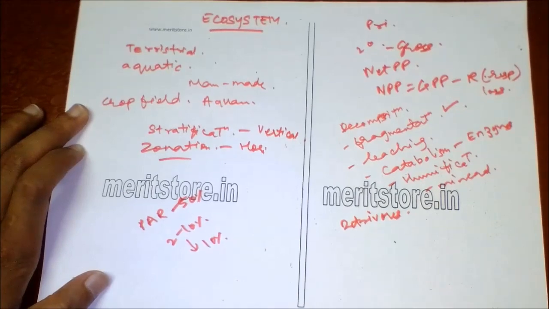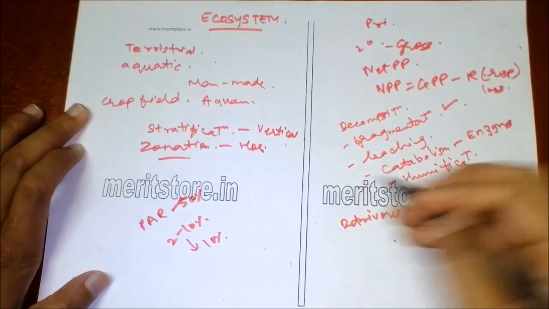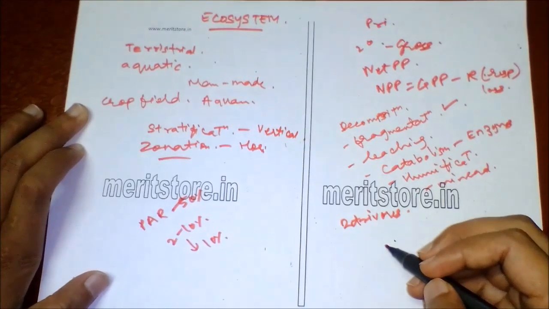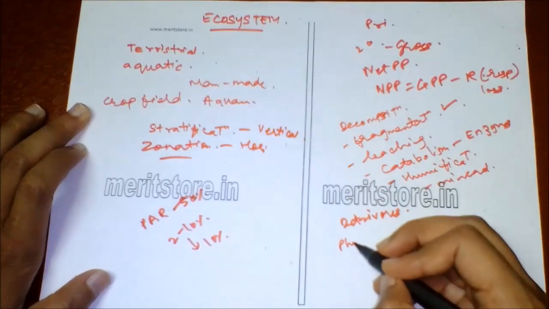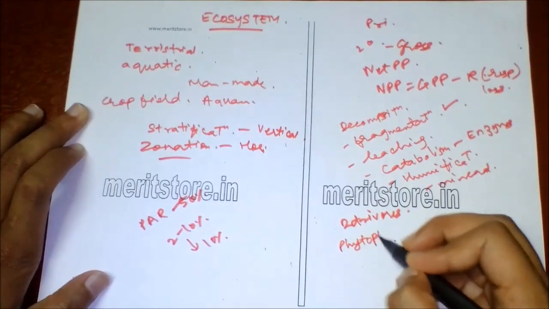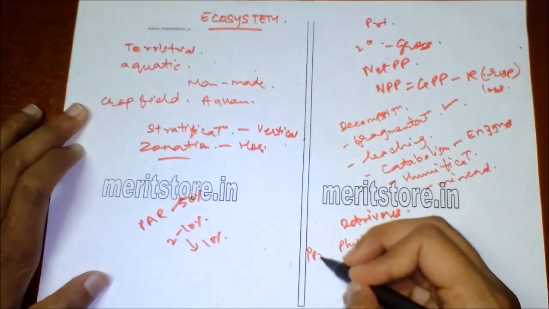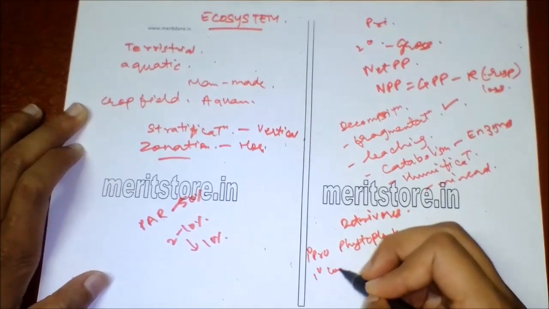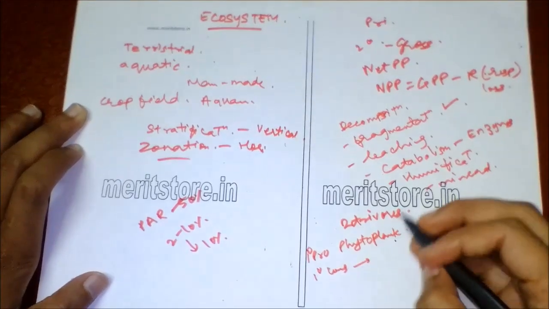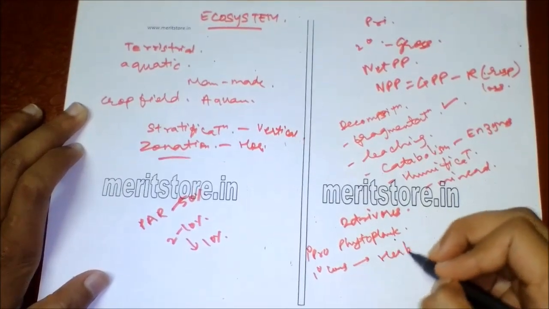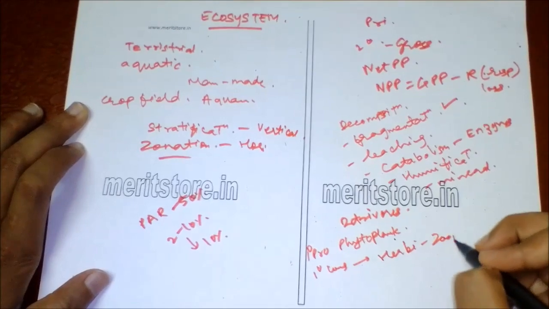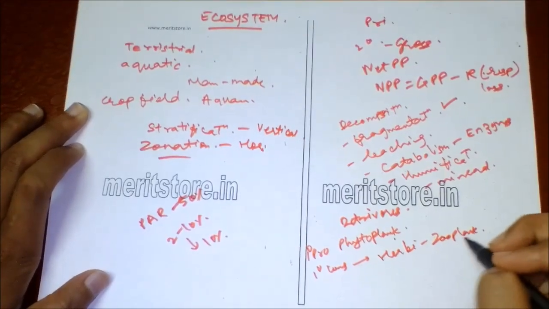Examples of primary producers are plants, which are the first trophic level, like phytoplanktons. Primary consumers, which are the second trophic level, are herbivores, which include zooplanktons, grasshoppers and cow.